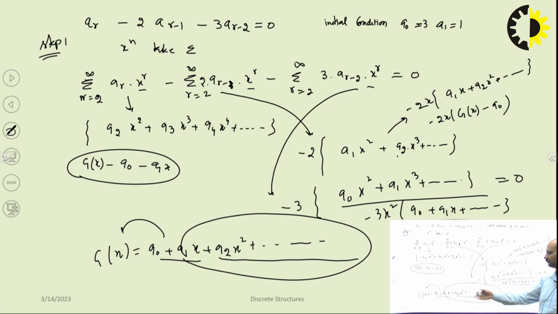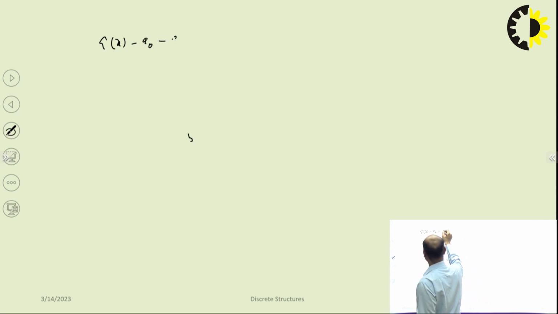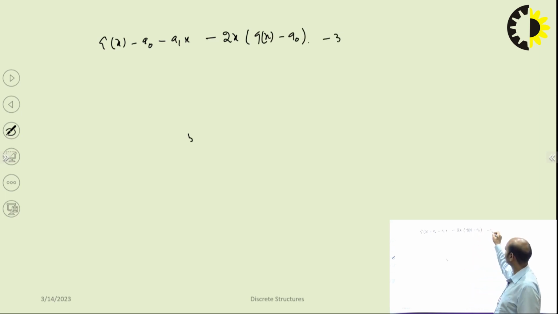So this is the formula for g of x minus 3x square g of x. We substitute all three values in this particular equation, and what will we get? g(x) minus a naught minus a1x, minus twice of x, g(x) minus a naught, and minus 3x square g of x is equal to 0.